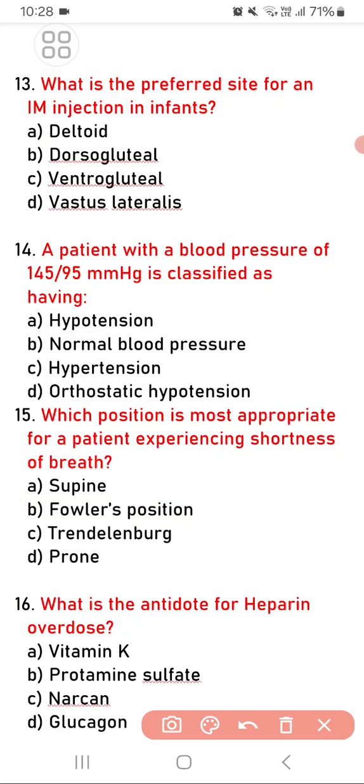What is the preferred site for an IM injection in infants? Vastus lateralis.